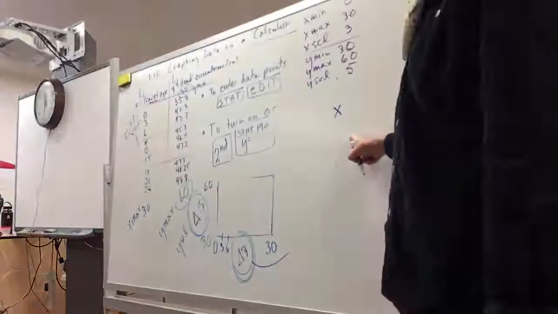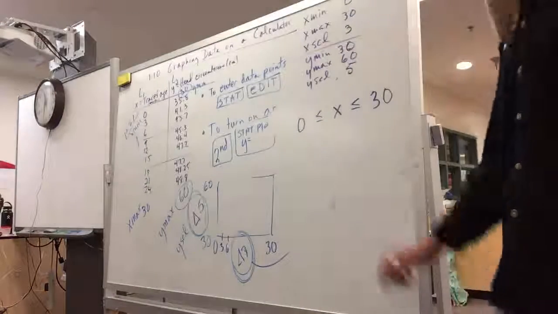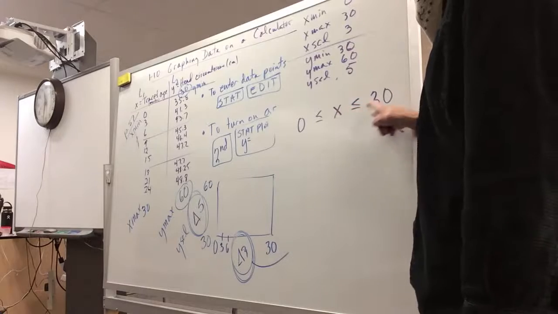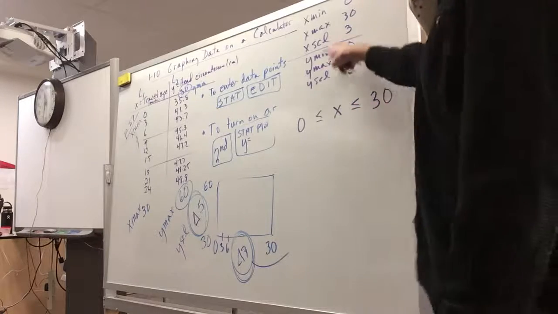When we did our dimensions for the head circumference, this is what we did. These were the x values, and they went from 0 to 30. If you write this with two inequalities that are less than or equal to, this reads 0 is less than or equal to x is less than or equal to 30. And then the y, we made ours go from 30 to 60, and we use the less than or equal to.